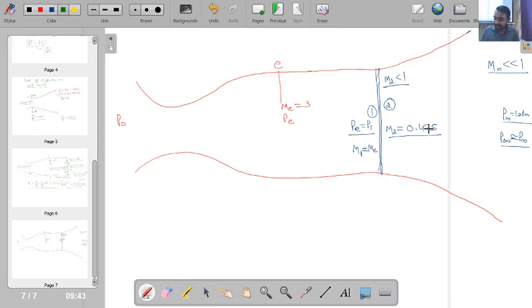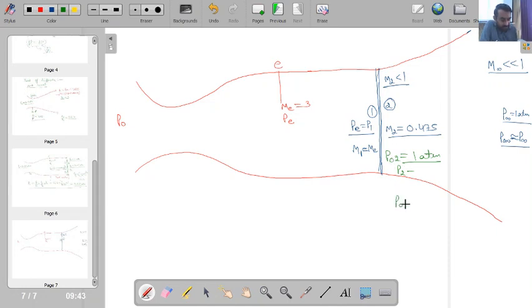Okay, so our M2 comes out to be 0.475. Now one important point, this P naught infinity is equal to 1 atmospheric. So P naught 2 will also be equal to 1 atmospheric. Now using this diverging duct relation, Mach number is known at this point, and P naught 2 is known.